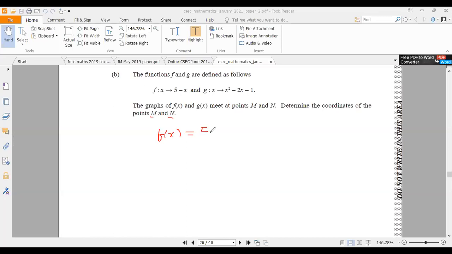And g(x) is equal to x squared minus 2x minus 1. Everybody see that?